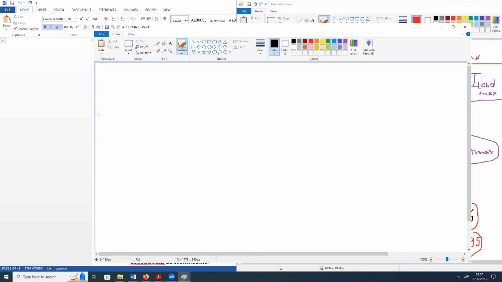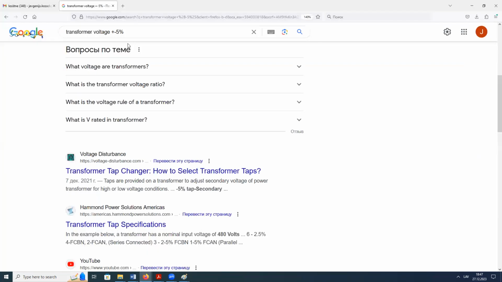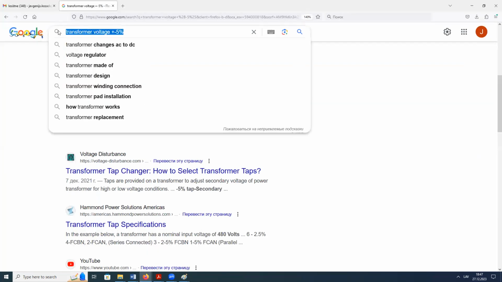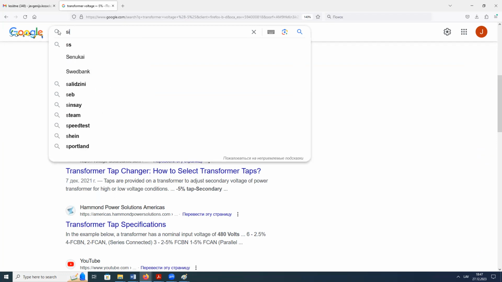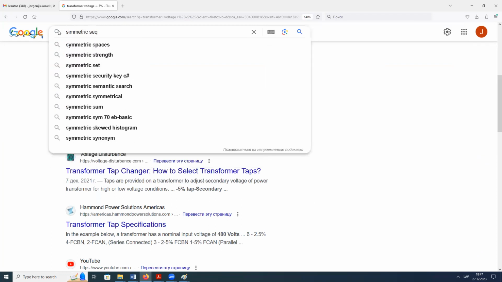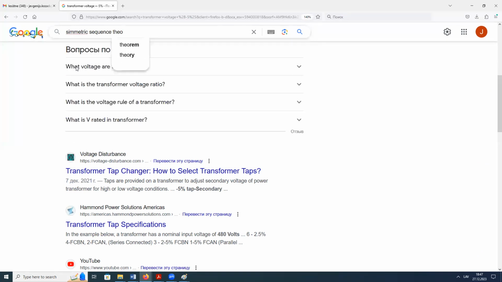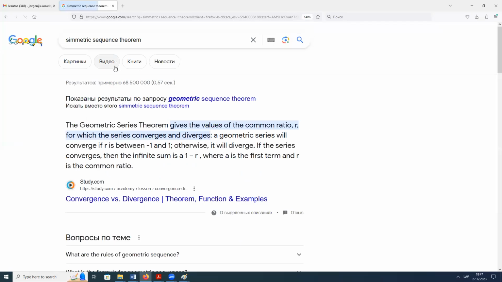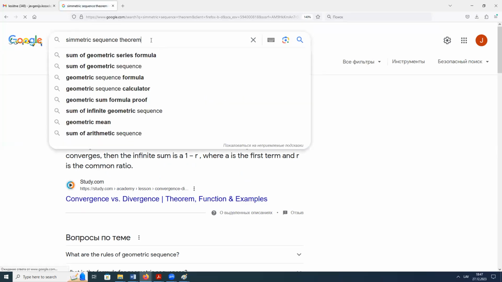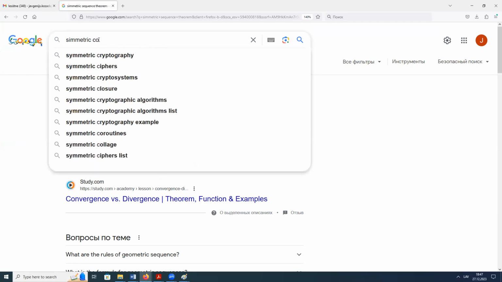Maybe we could use Google, for example, to look up symmetric sequence theory. What is symmetric component?